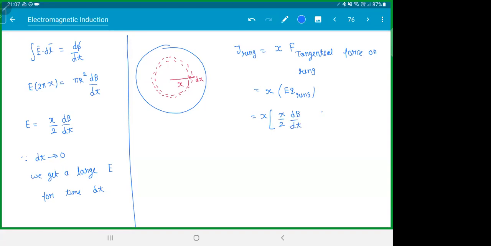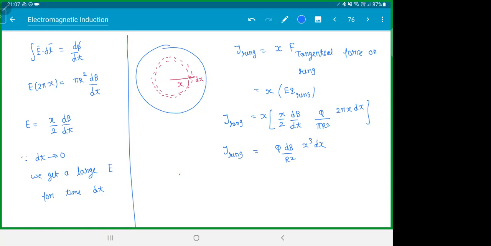The charge on the ring will be q, that's the total charge, by pi r square into the area of this thin ring, which is 2 pi x dx. Please check the steps, everyone. Yeah, we did use something like this in rotational mechanics when a disk is rotating on a rough surface. This is just torque on a ring. 2 will cancel, pi will cancel. You end up with q dB by r square x cube dx.